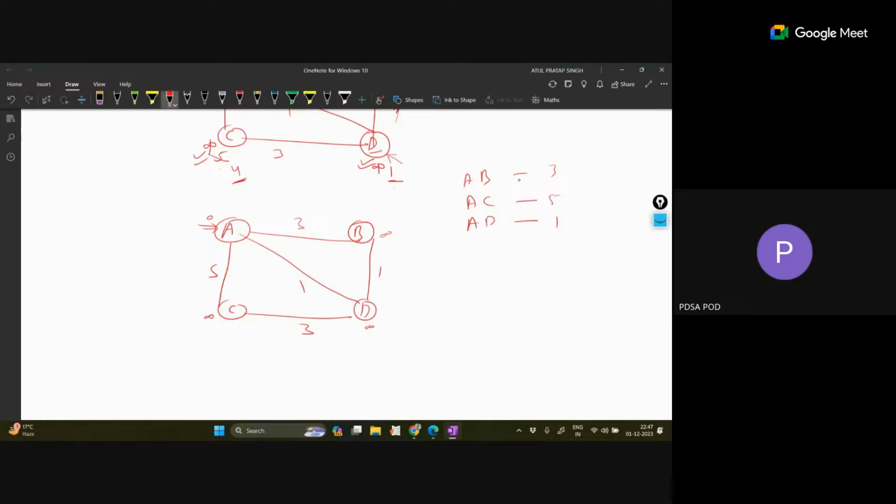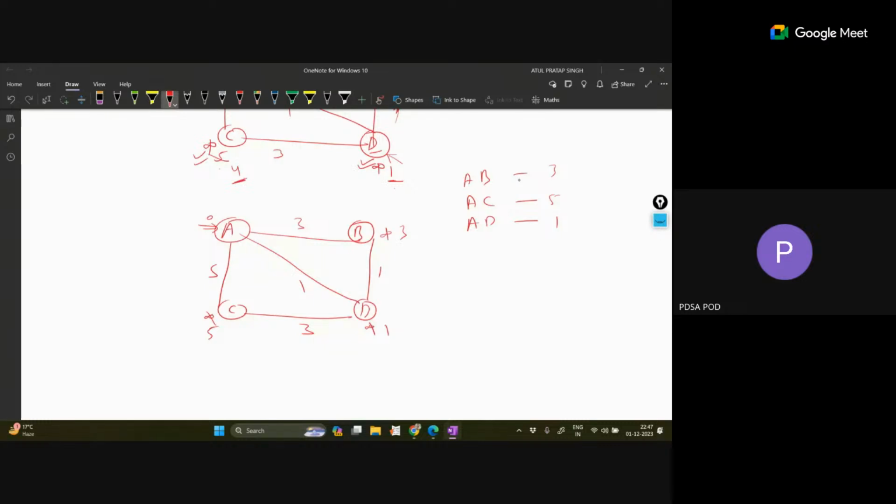Now we will update these vertices. So B is 3, D is 1, and C is 5.